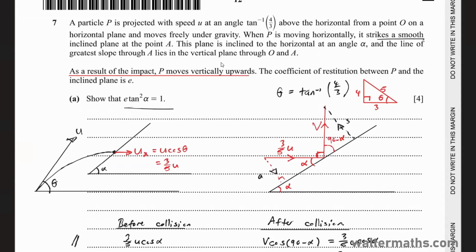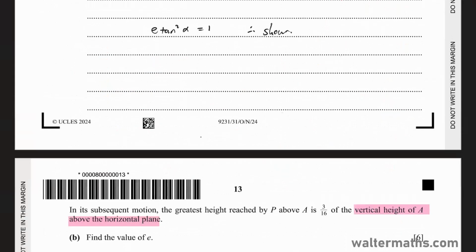According to the question, point A is the point at which the ball struck the inclined plane, so we're looking for the maximum height.